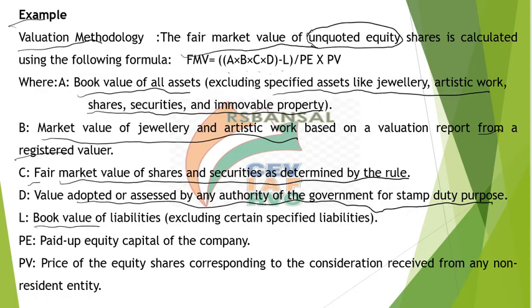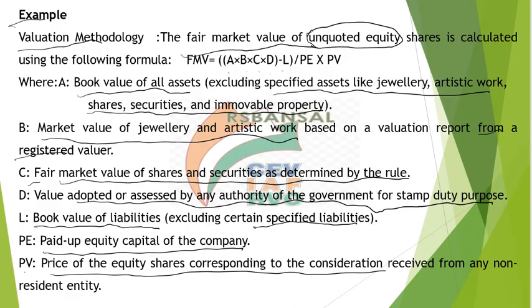L is the book value of all liabilities, excluding certain specified liabilities. P is the paid up equity capital of the company. PV is the price of equity shares corresponding to the consideration received from any non-resident entity.